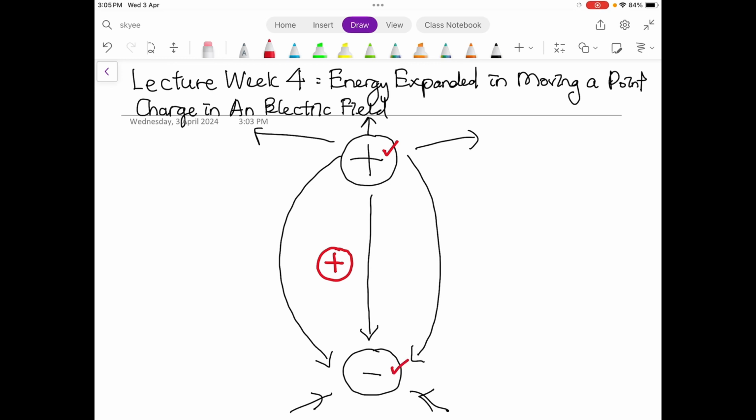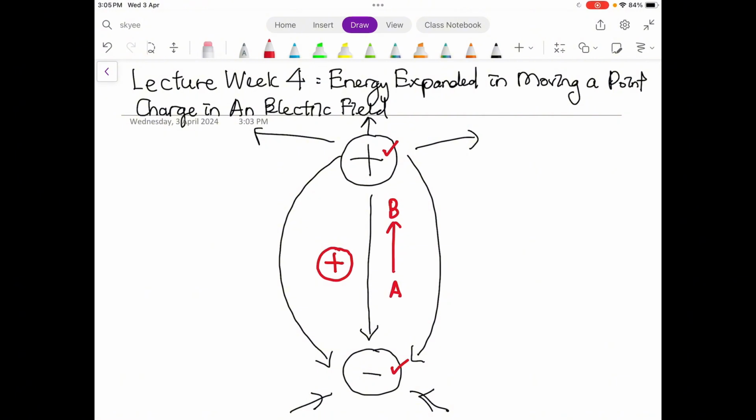So if I want to move this positive charge from point A to point B, moving in the opposite direction, I have to apply an external force.